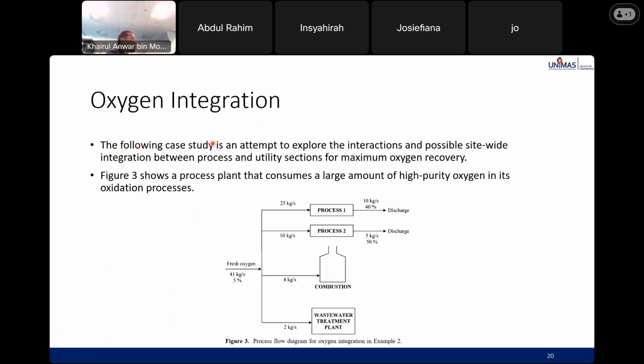The following case study is an attempt to explore the interaction and possible site-wide integration with the process and utility section for maximum oxygen recovery.